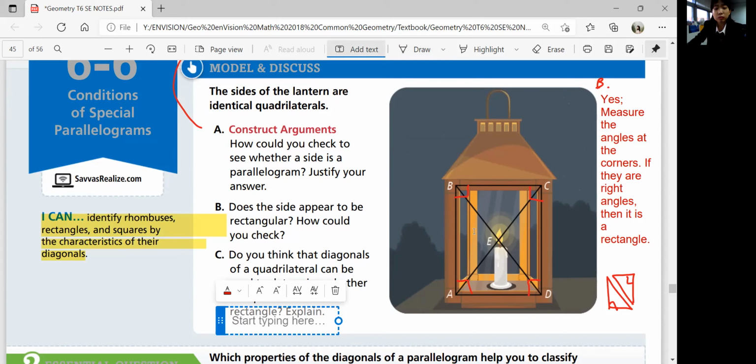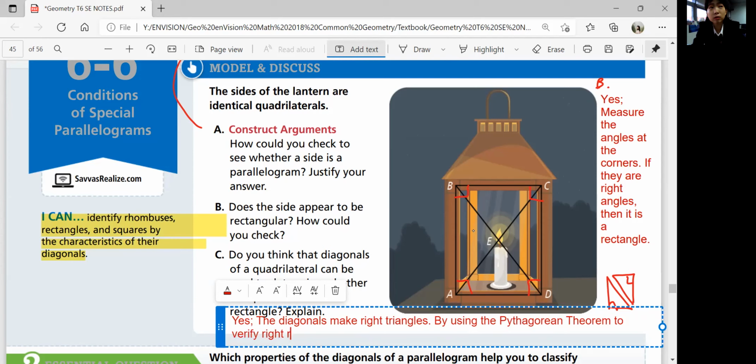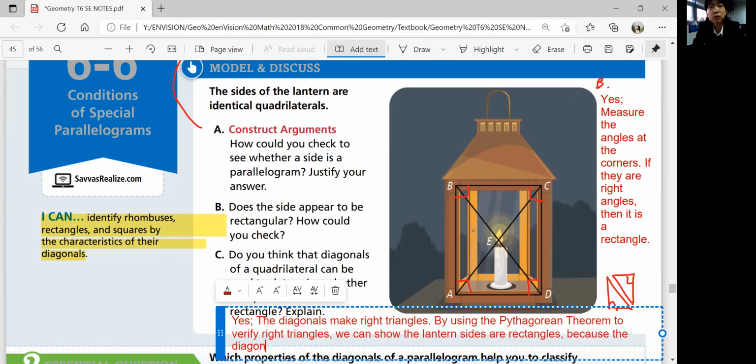So let's summarize that. The diagonals make right triangles, and by using the Pythagorean theorem to verify right triangles, we can show the lantern sides are rectangles because the diagonals are congruent.